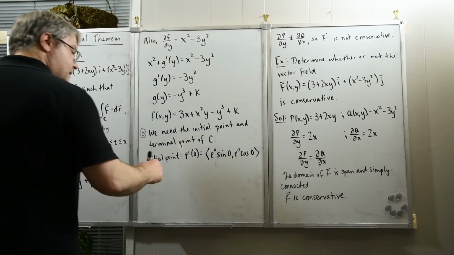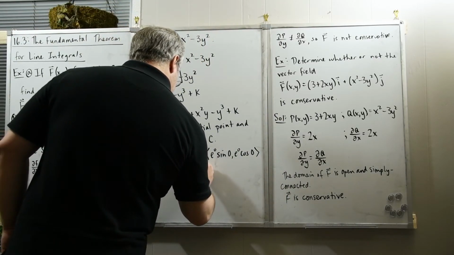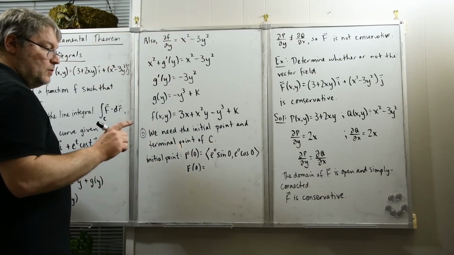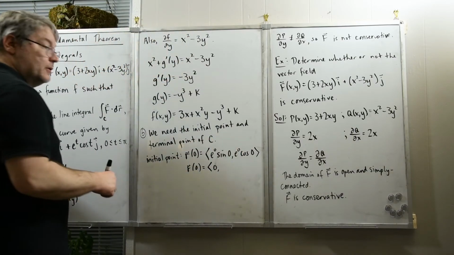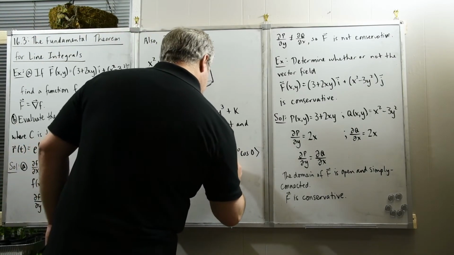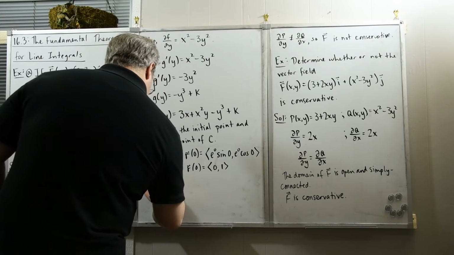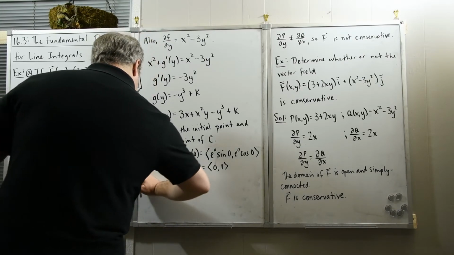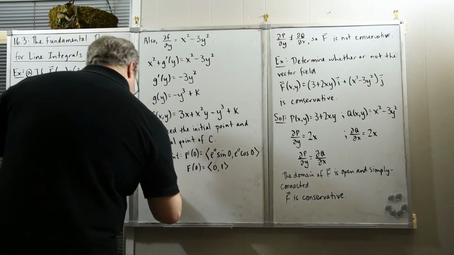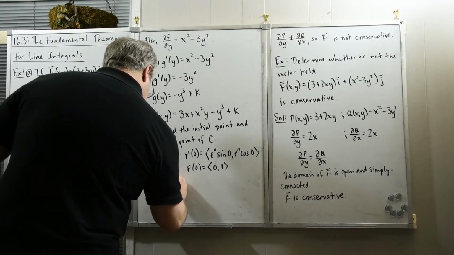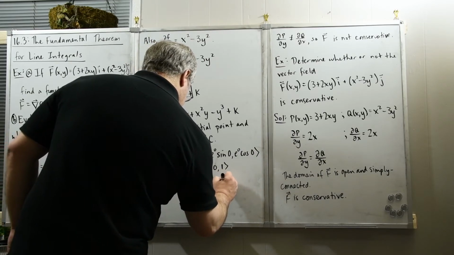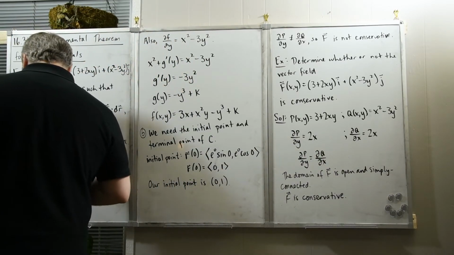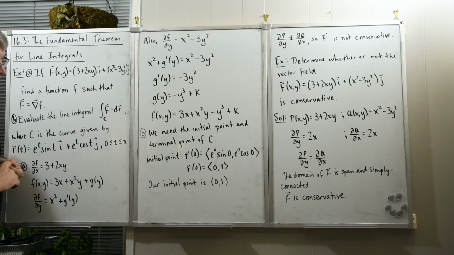And so we know that r of 0, e to the 0 gives you 1, sine 0 is equal to 0, cosine 0 is equal to 1. So our initial point is 0, 1. Now we also have to figure out the terminal point.